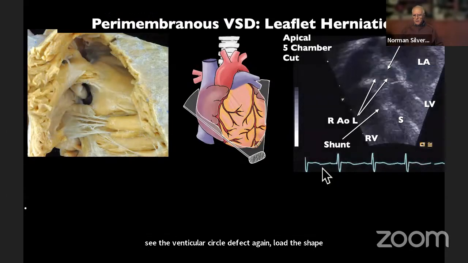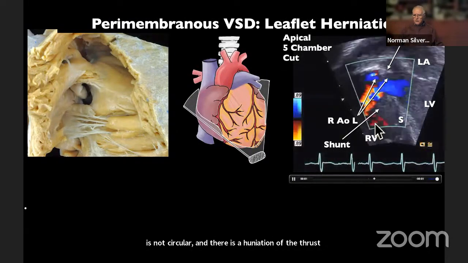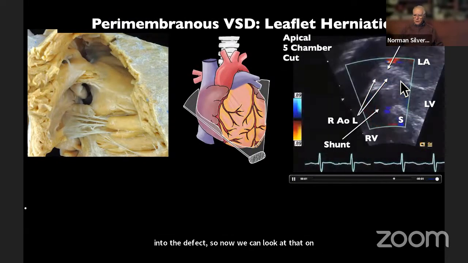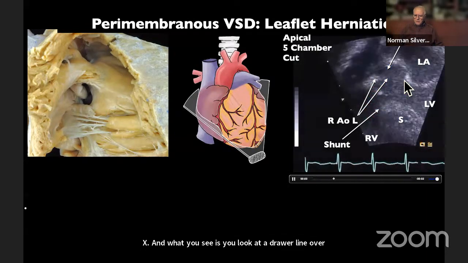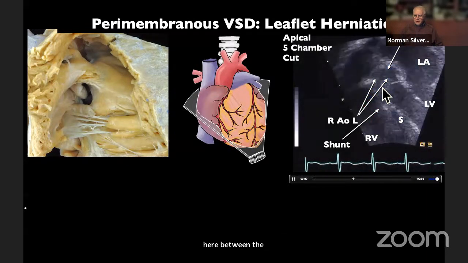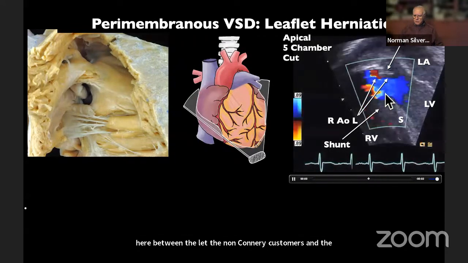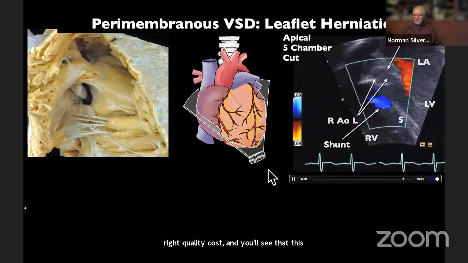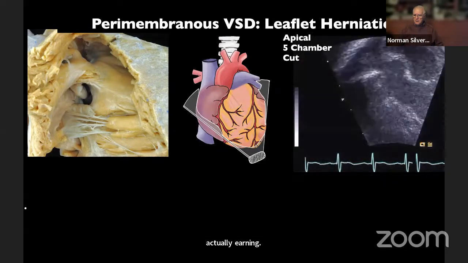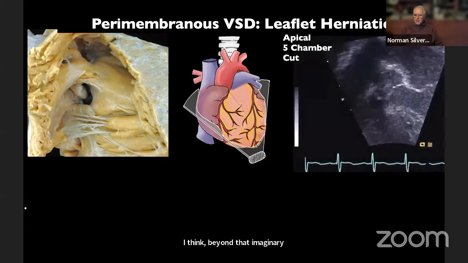So now we can look at that on echo. And what you see is, you draw a line over here between the non-coronary cusp and the right coronary cusp. And you'll see that this leaflet is actually herniating beyond that imaginary line, as you can see here.